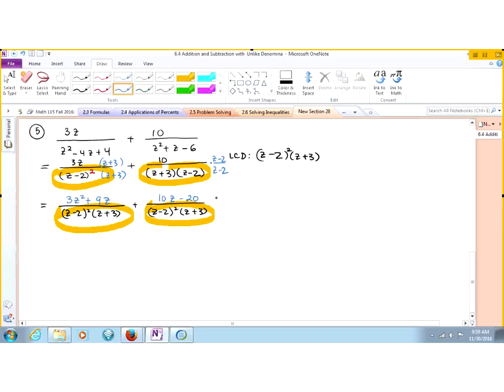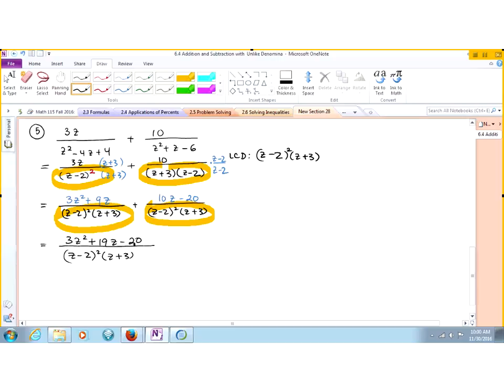Alright. Are we okay so far? Yes? Doable? Okay. So this is z minus 2 squared times z plus 3. That's the LCD. And what do I do to the top? We add them. So 3z squared plus 19z minus 20. Oh gosh, we have to factor the top.